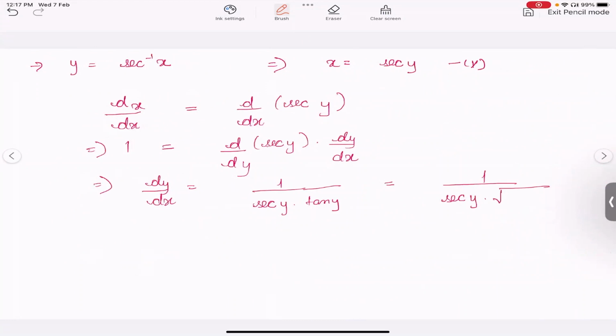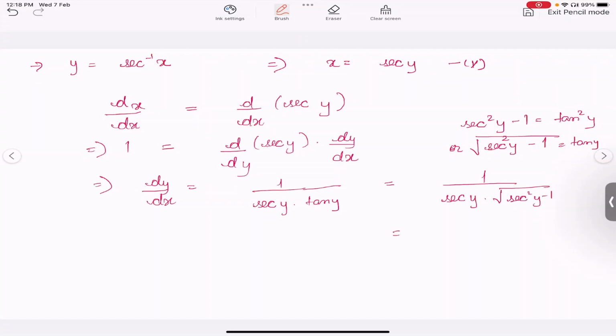Let's write it down again. Sec square y minus 1 will be equal to tan square y, or root over sec square y minus 1 will be equal to tan y. So this will be root of sec square y minus 1.